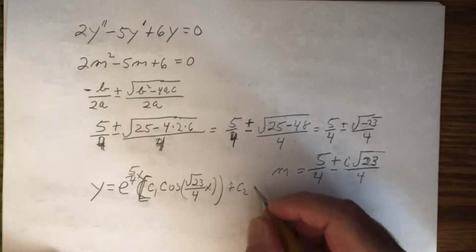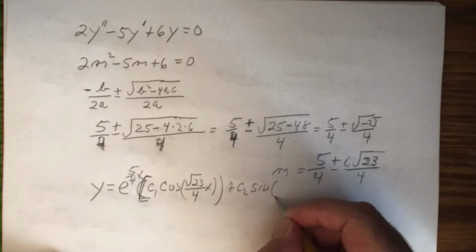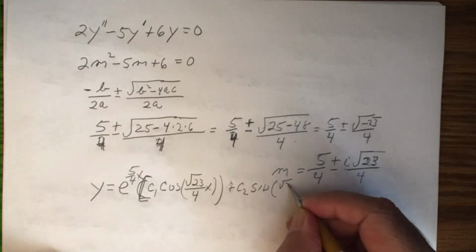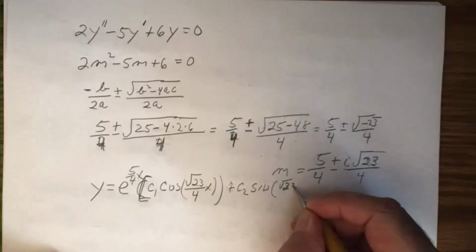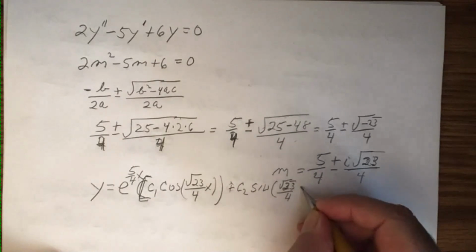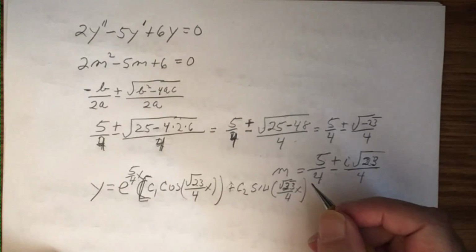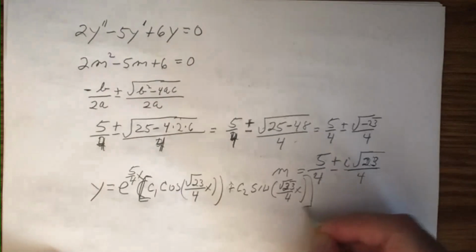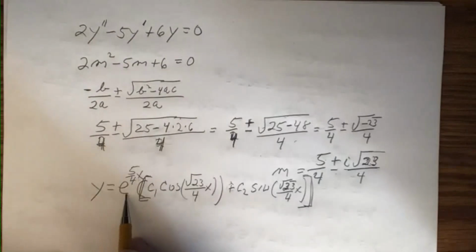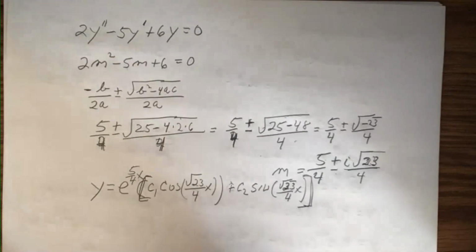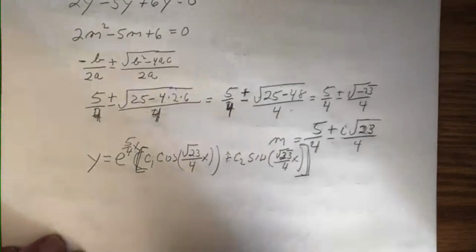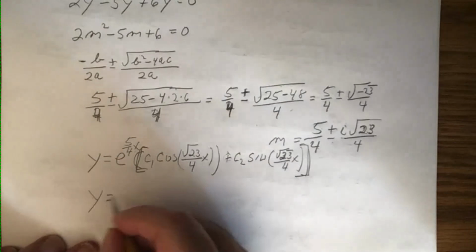I'll show you there's different ways of writing this. Then this would be a closed bracket here. So in other words, I'm making the exponential times this and this. Let me make this clearer. This is important.